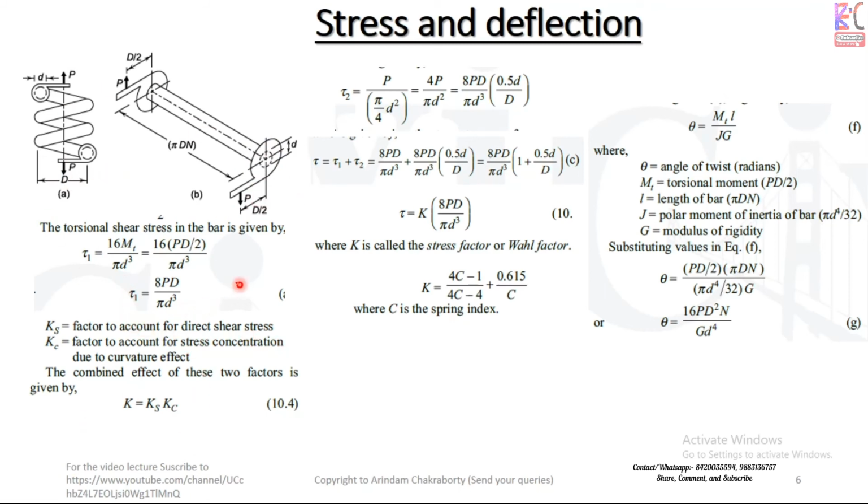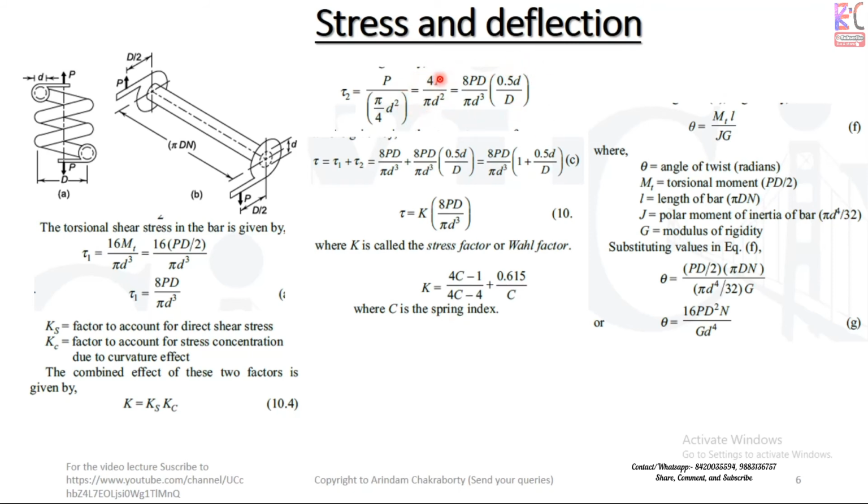Now we know T1 is this one, so what will be T2? Again, for T2 we know shear is equal to force by area. What is the force? P, as given. What will be the area? The cross section, pi by 4 into d square. After we have this, we are playing a game of substitution over here. We multiply this with 2, divided by 2, and we multiply with D on top and D at the bottom, so we get this formulation.